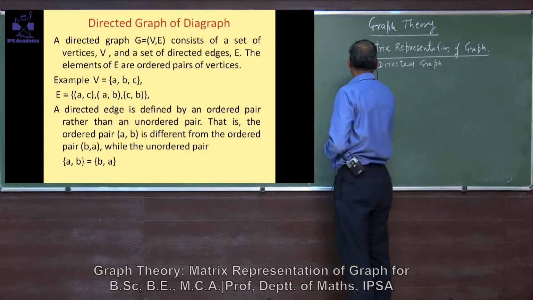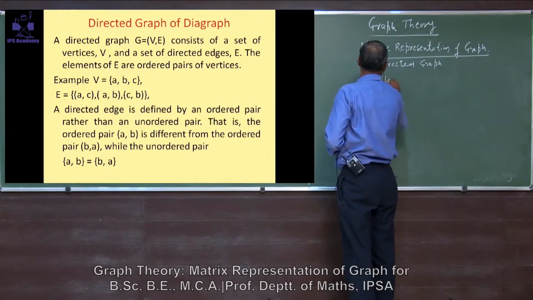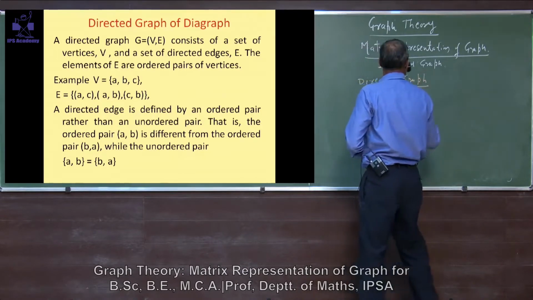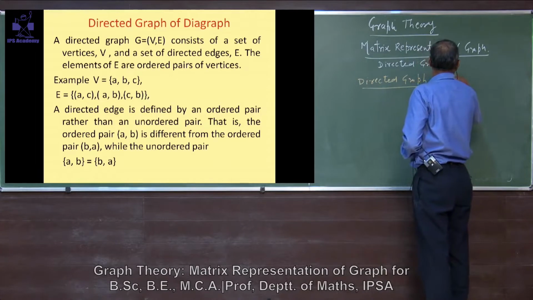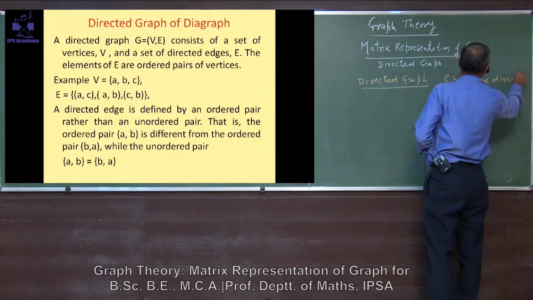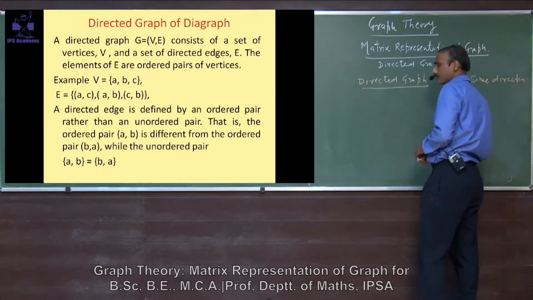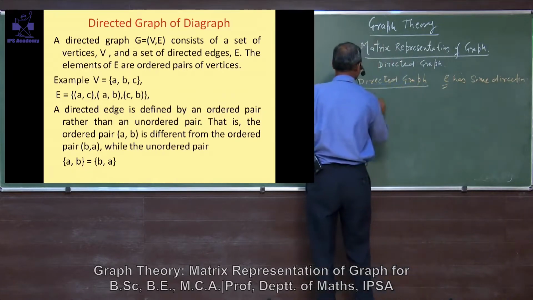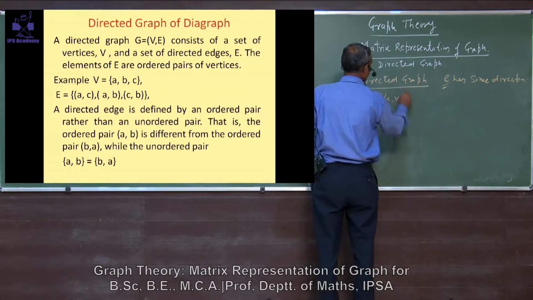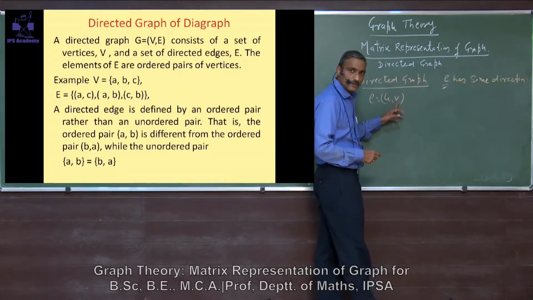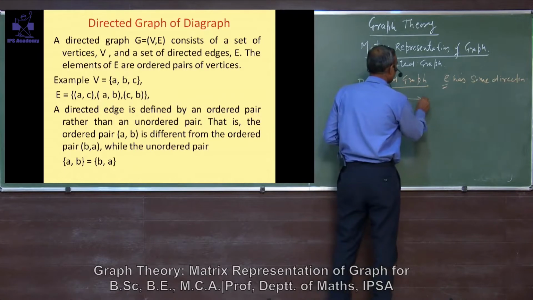In a directed graph, the edges have some direction. Suppose E equals U comma V is any edge connecting the vertices U and V, then U and V are in the form of an ordered pair.